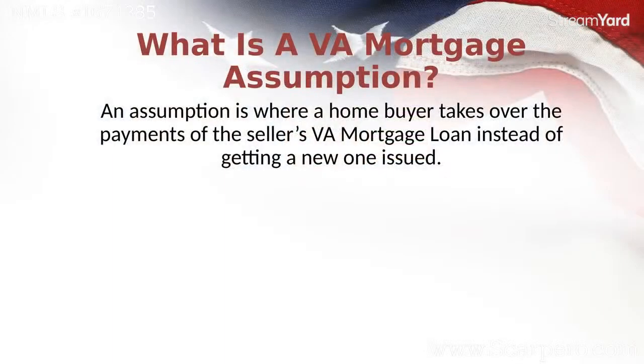First of all, what is a VA loan assumption? Assumption is where the home buyer takes over the payments for the VA mortgage loan instead of a new one being issued. Some things to keep in mind are that you're simply taking over payments, so whatever term is left on the old loan, that is what you'll have on the new loan.